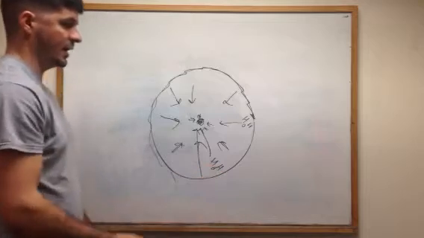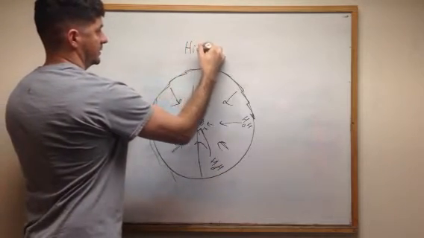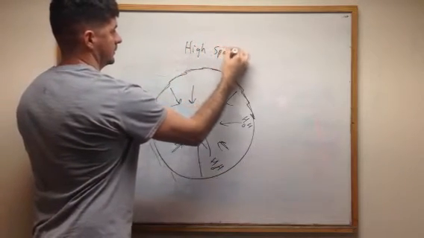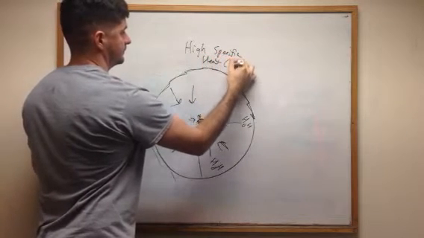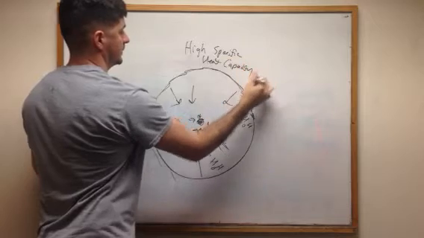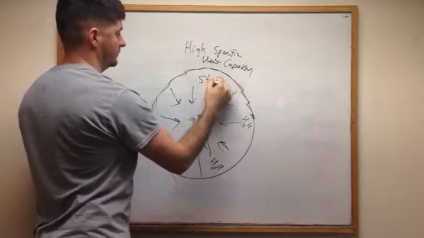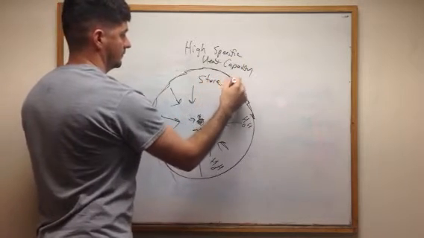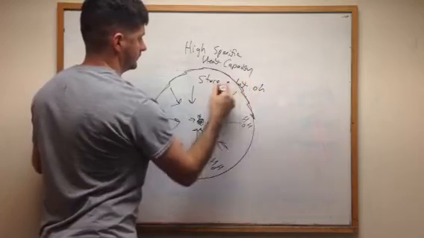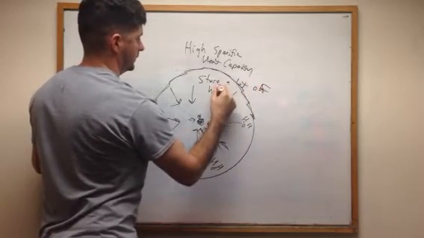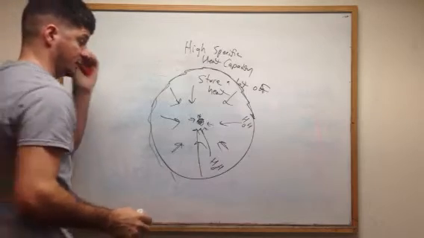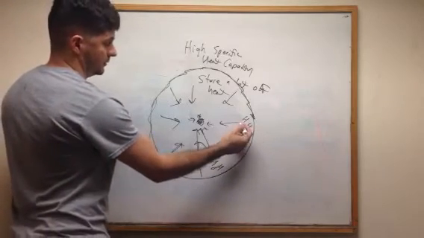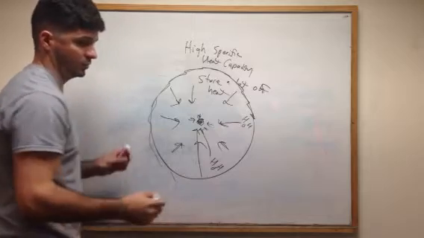And since it has a high specific heat capacity, it can store a lot of heat. Water is very special like that. It can become superheated, and as long as it has enough pressure, it can store a whole lot of heat.